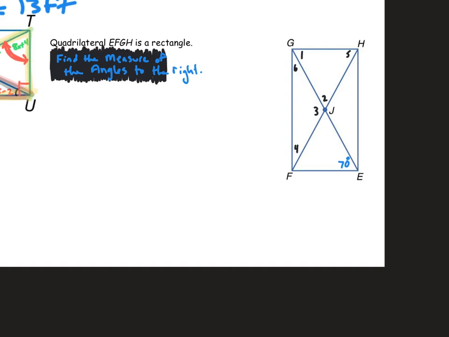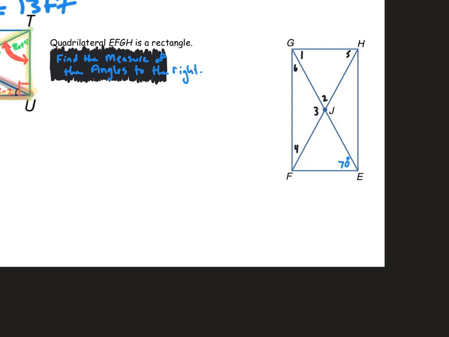Okay, I'm assuming that everyone paused the video and has taken an opportunity to copy these numbers down. So looking at our picture, I was told that the measure of angle JEF is 70 degrees. That's all I need. I could find all the rest of these angles in this picture based off of 70 degrees.